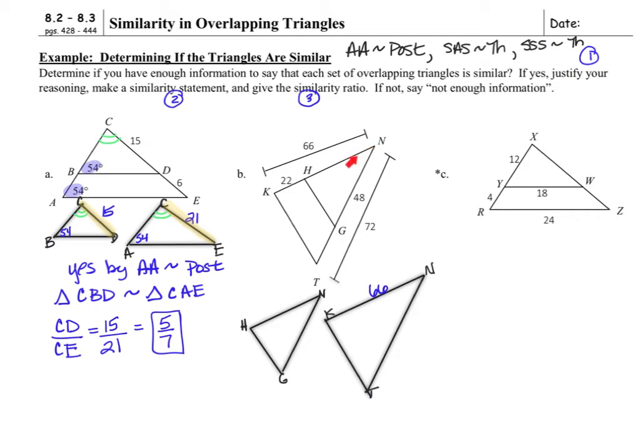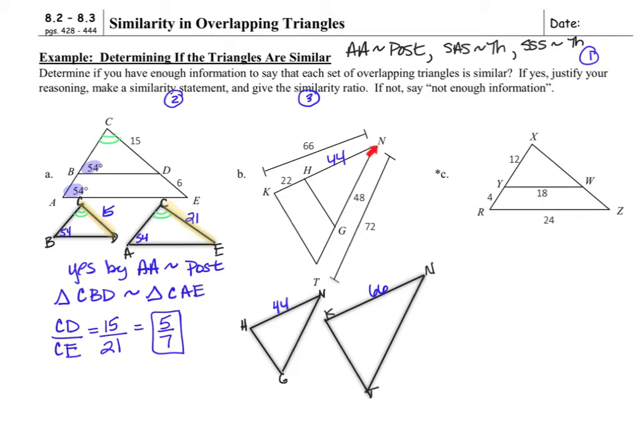Notice that I don't know the length of NH, but I do know the length of this little piece here, 22. How can you use this to find the length of NH? All you would have to do is subtract 22 from 66, and that'll give you the length of this segment here, which is 44.